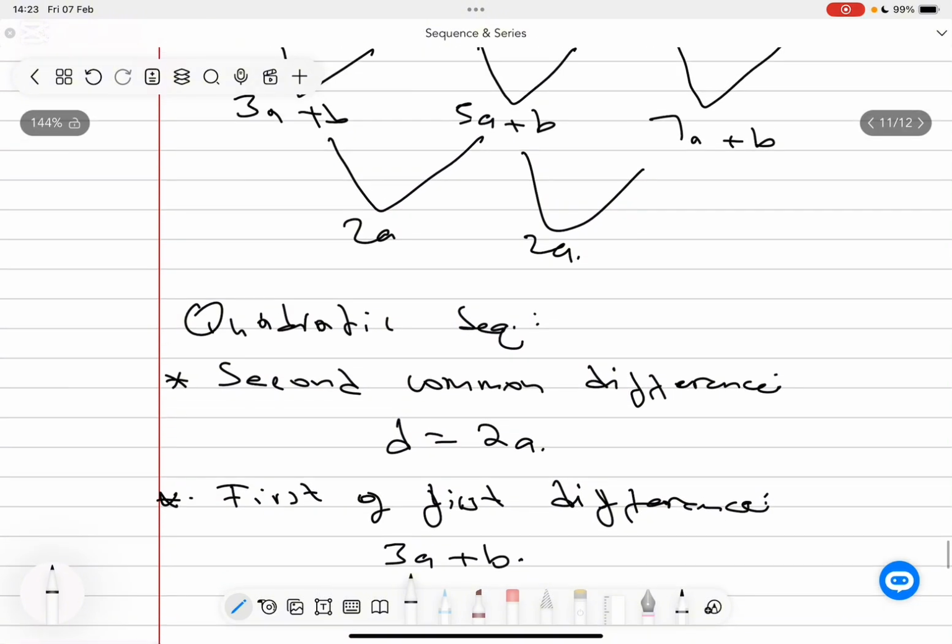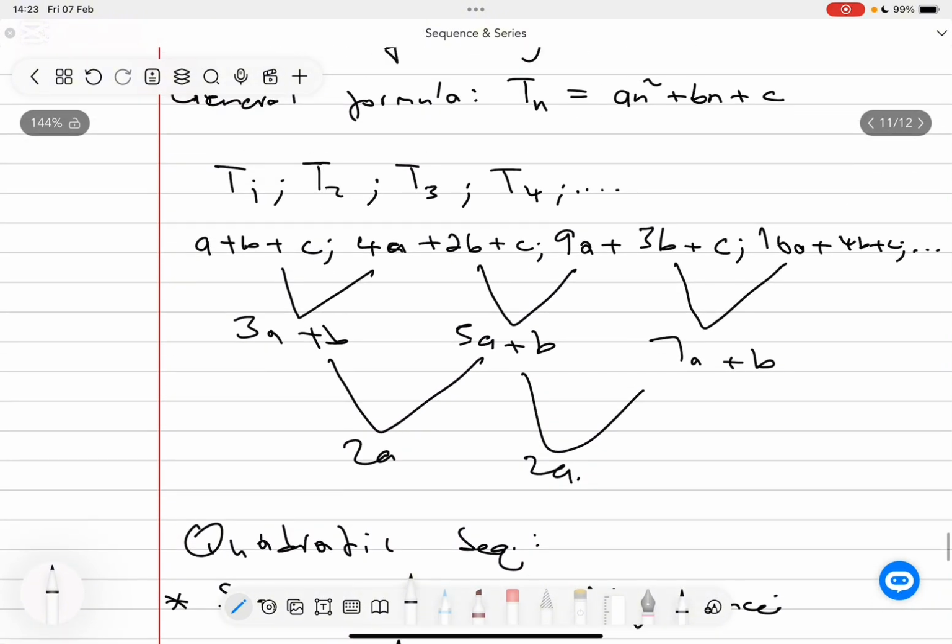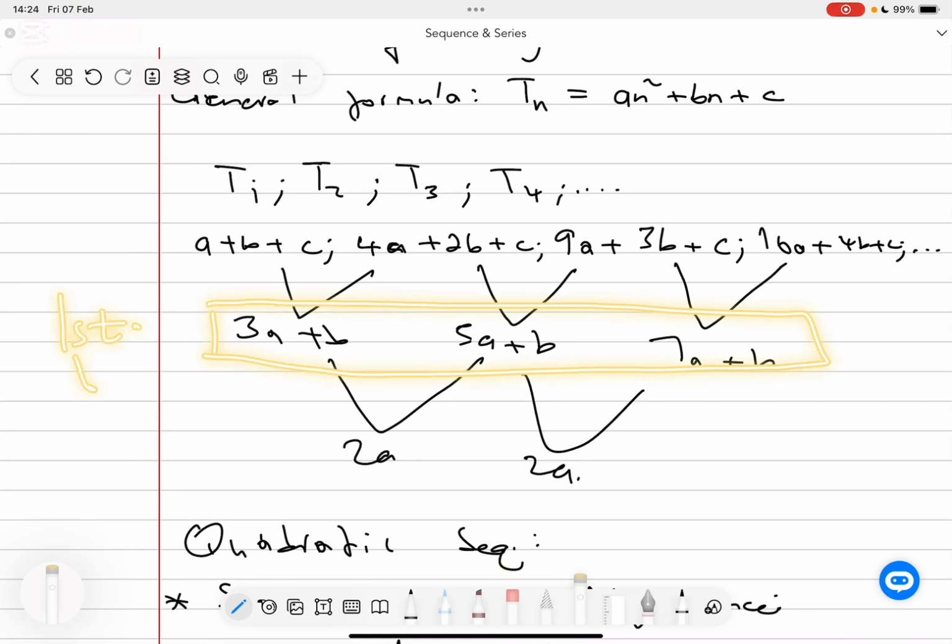Now what I mean by this is that, remember, when we are at this point, all these numbers that we get here, we call them the first difference. All these numbers are the first difference. But this number here is the first of the first difference. And this number here would be the second of the first difference. And this number here would be the third of the first difference.